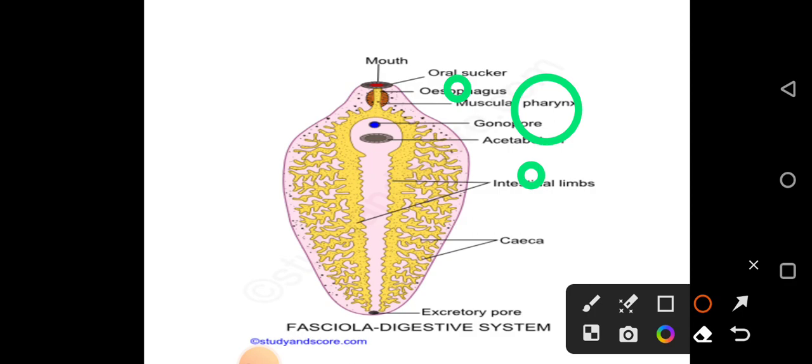So we study one by one. The first part of the digestive system is the mouth.